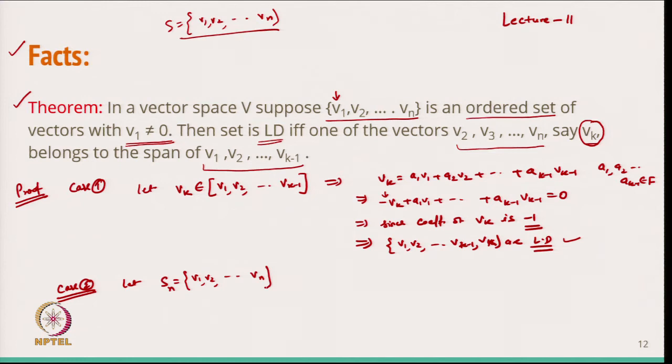This is a set of n vectors, and suppose it is LD, linearly dependent. So, let this set be a linearly dependent set.